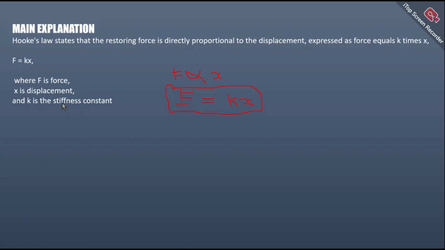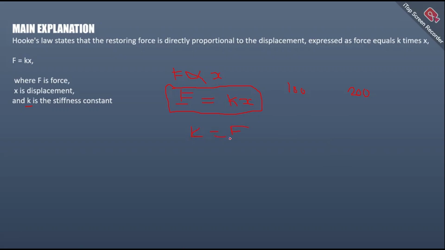So why are we saying the stiffness constant? Because the value of K is going to be telling us how stiff the object we are dealing with is. For example, suppose you have an object with the value of K being 200 and the other one 100. Now, does it have units? It's a constant, not a ratio, so you can make it the subject from this equation. Let's make K the subject.